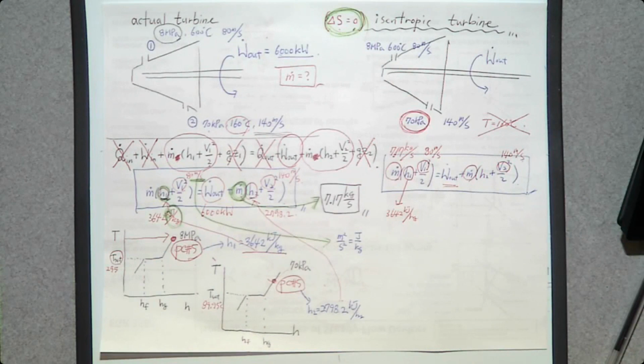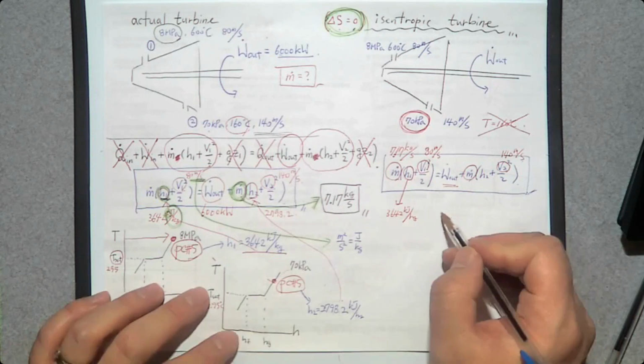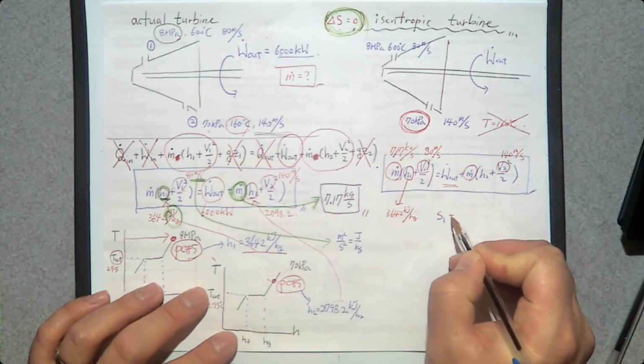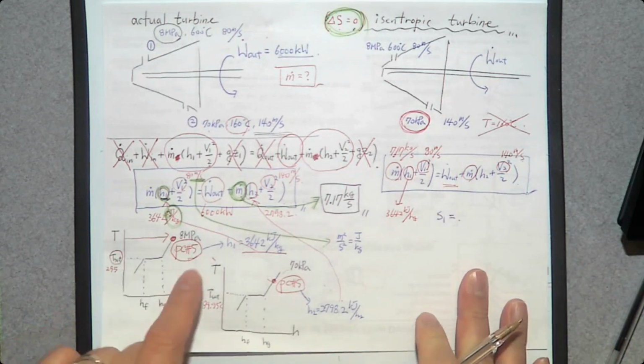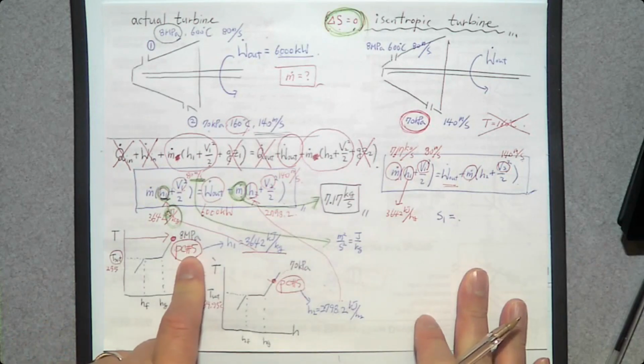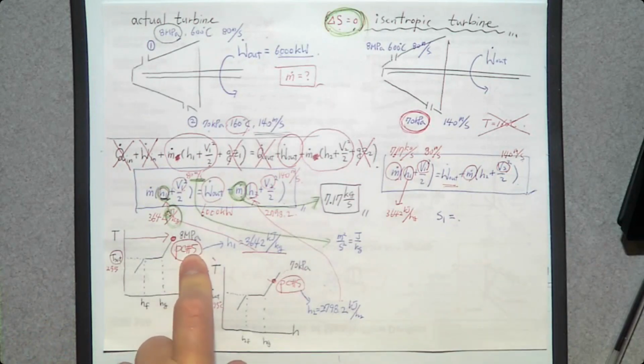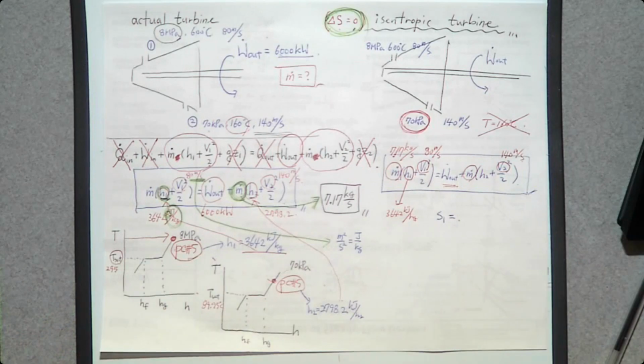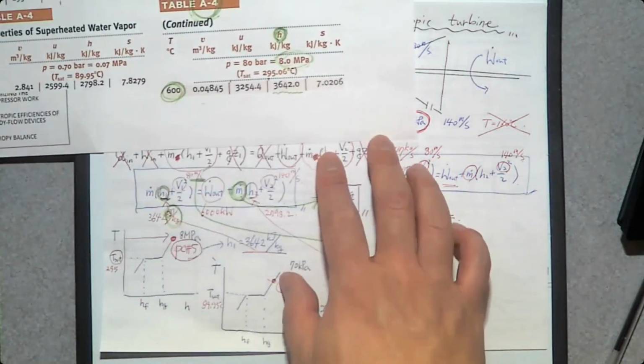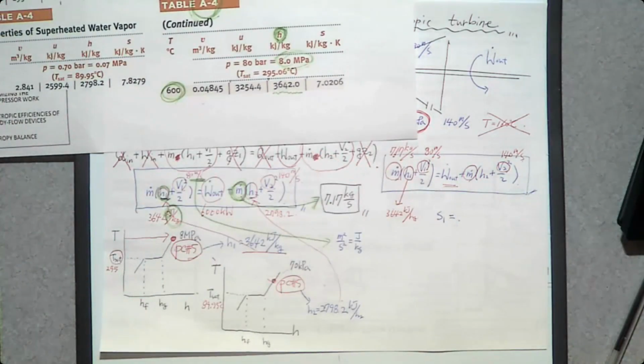So let's find the specific entropy S1. We know it is superheated vapor, so you can go to the superheated vapor table. 8 megapascal, 600 degrees Celsius. Do we know the specific entropy?